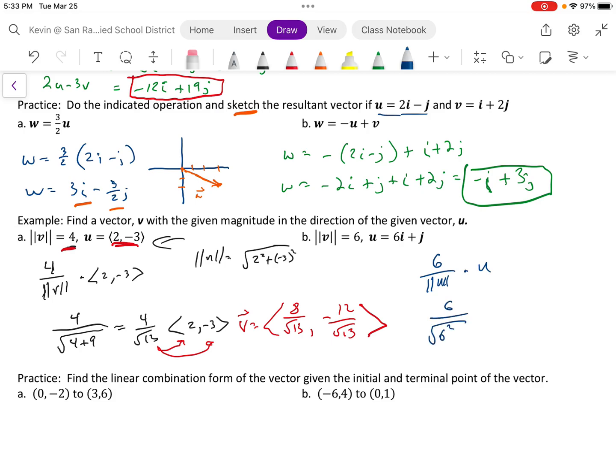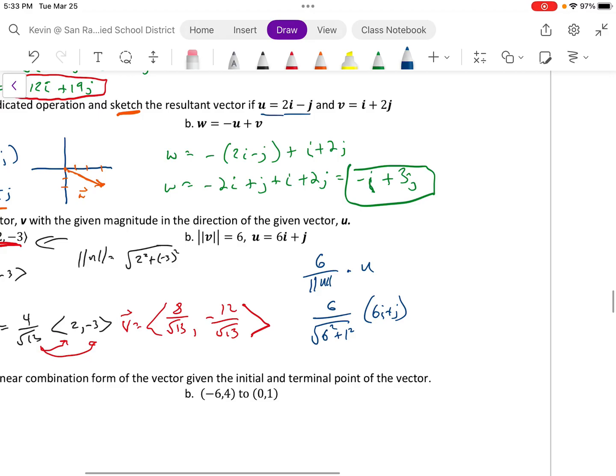So 6 over the square root of 6 squared plus 1 squared, and then we're going to multiply that by 6i plus j, since that's a linear combination. So this is 6 over the square root of 37, times 6i plus j.